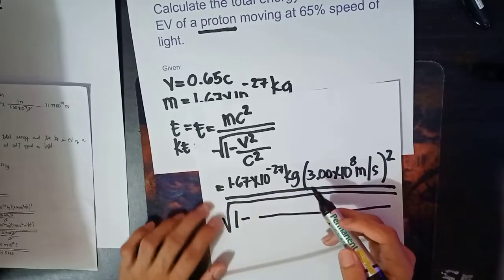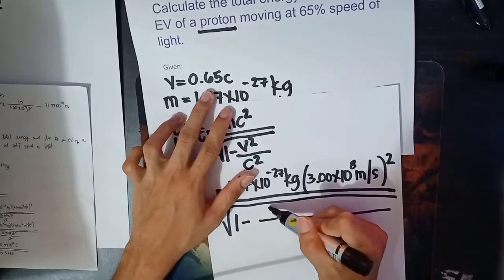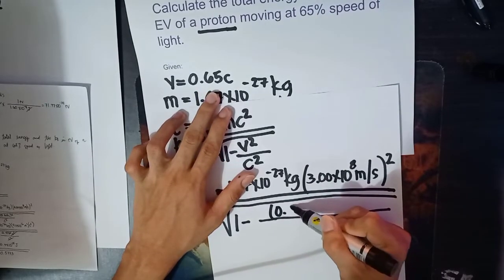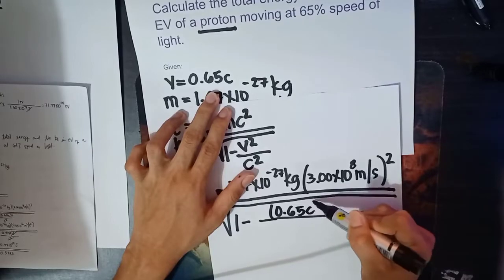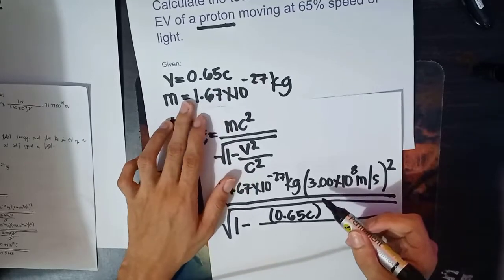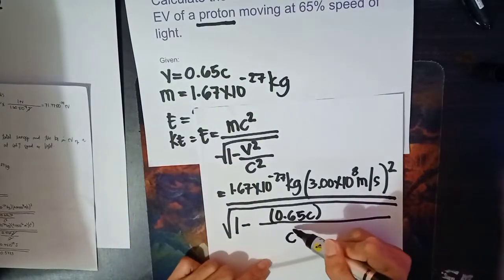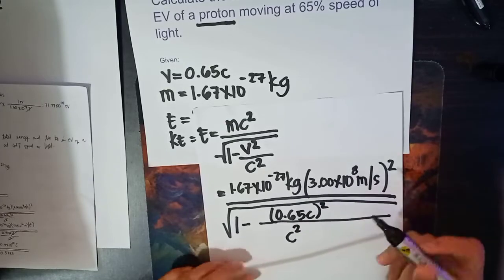What is the equivalent of v? That is 0.65 c, divided by c squared.